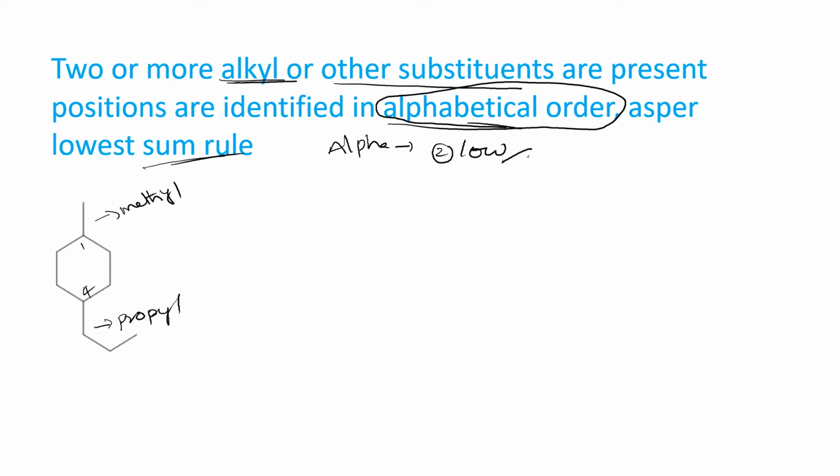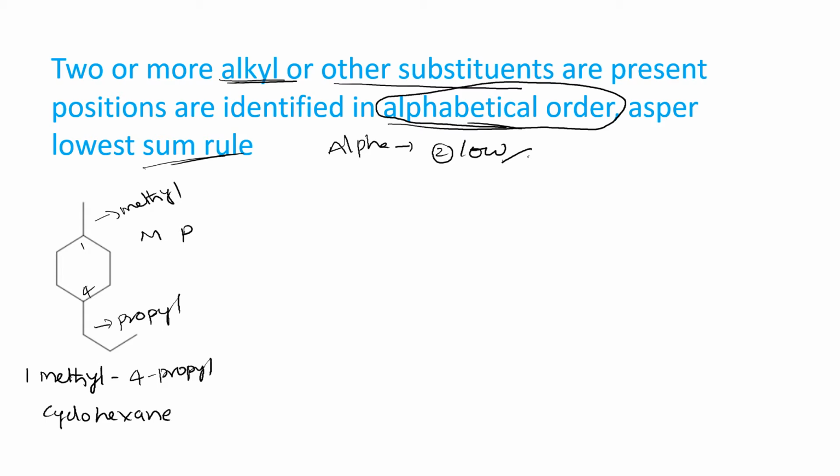Because as per alphabetical order, if you consider M and P, the first letter is M. So I gave the first number to the methyl. Hence the name of this one is 1-methyl-4-propylcyclohexane. That is the name of this compound.